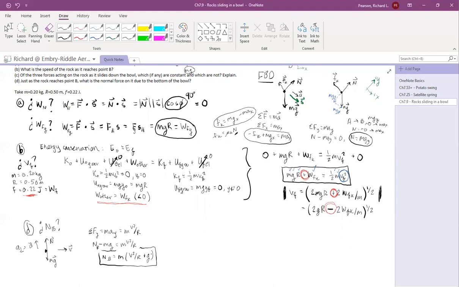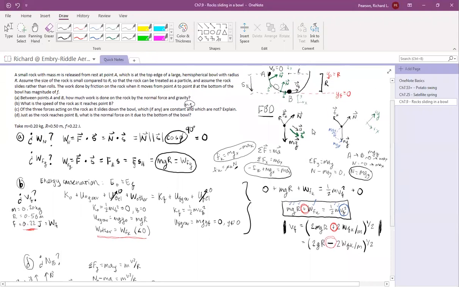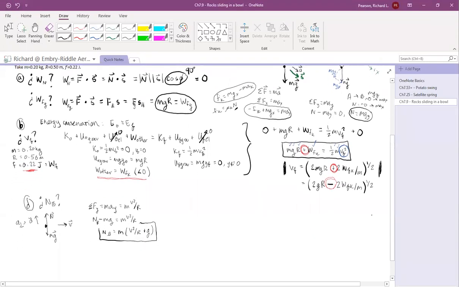If you're driving in a car and you're going over some bumps, when you reach the bottom of that bump, which is like the rock reaching the bottom of this bowl, you feel a greater force pushing up on you, and that is the effect of this circular rotational motion.